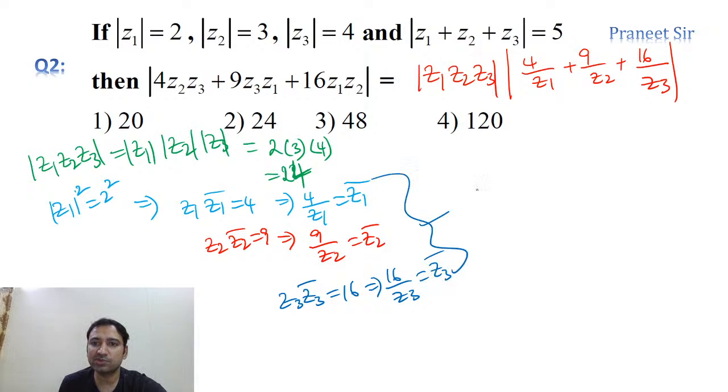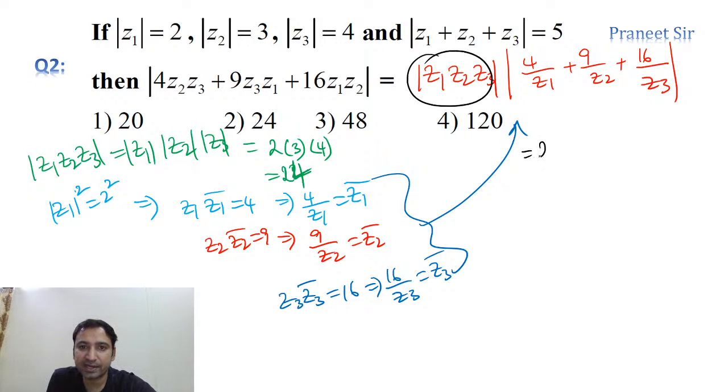So all these values we can substitute here. If you substitute all these values, let's see what we get. This value we already calculated. We are getting 24. And let's calculate this value. This value is |z1 bar + z2 bar + z3 bar|.